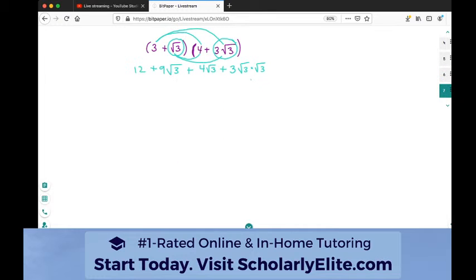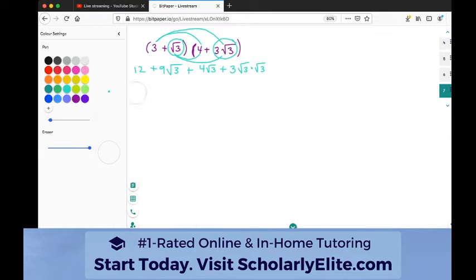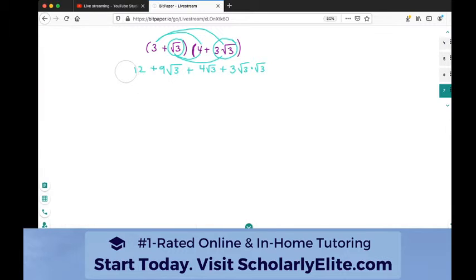Okay, so let's go ahead and figure this out and how it works. I'm going to change the color because this is a very bright color. Okay, so 12 stays the same, obviously. All this other stuff stays the same for now. We're going to deal with that later. And here, I can consolidate this like this.